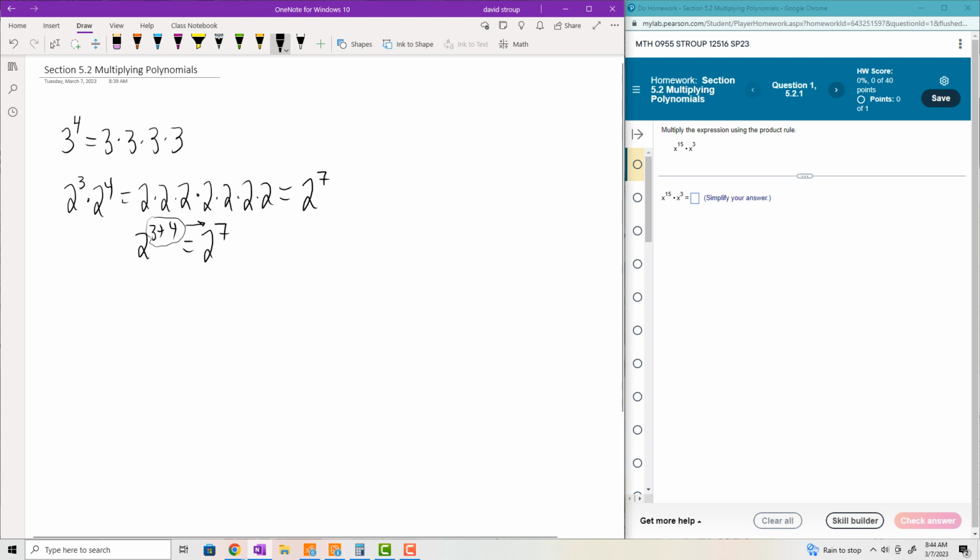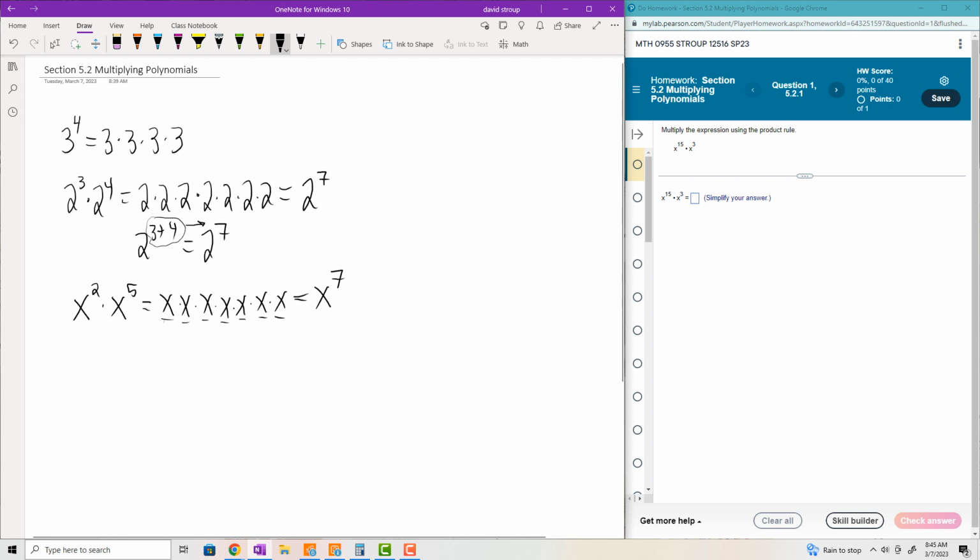So if you have x squared times x to the 5th, you could literally write it out, x times x, and then x to the 5th is x times x times x times x times x, and then count them. There's 1, 2, 3, 4, 5, 6, 7 of them, so it would be x to the 7th.